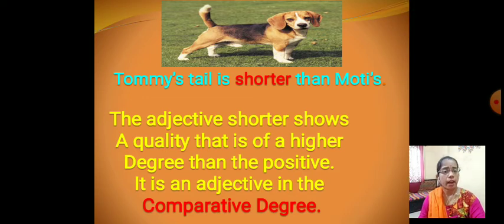It is an adjective in the comparative degree. Comparative means the comparison between two things, Tommy's tail and Moti's tail. So there is the higher quality of the adjective, so we call it comparative degree.